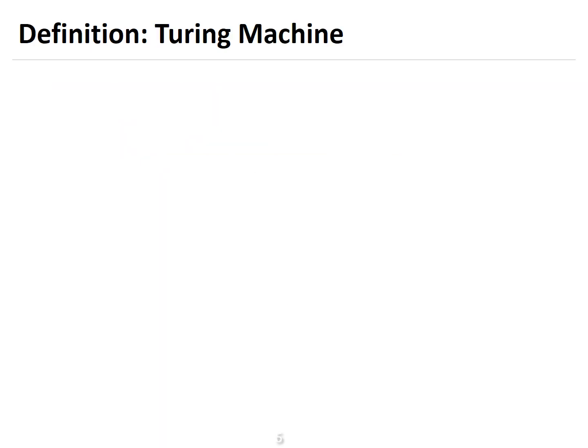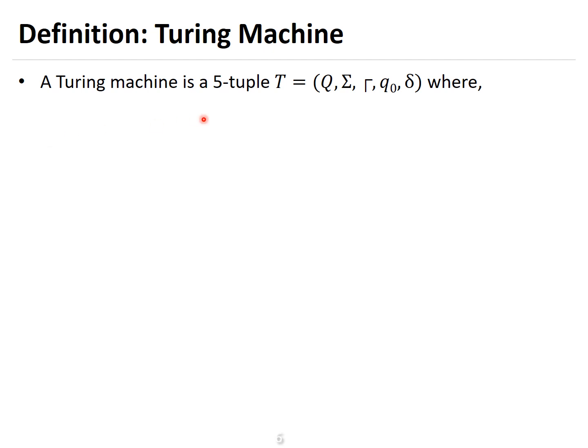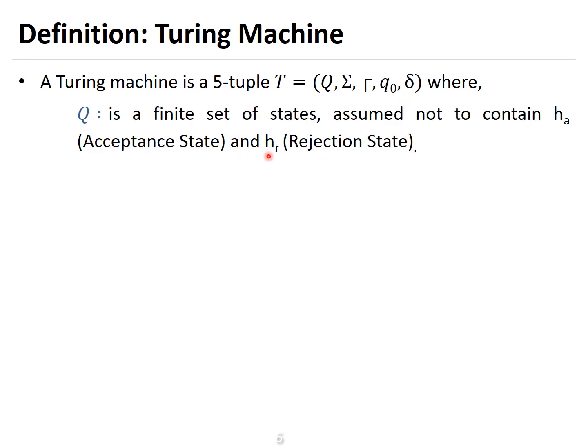Now you can see the formal definition of a Turing machine. It is defined by a 7-tuple, that is T equals Q, sigma, tau, Q naught, delta. Then what are these? Q is a finite set of states.